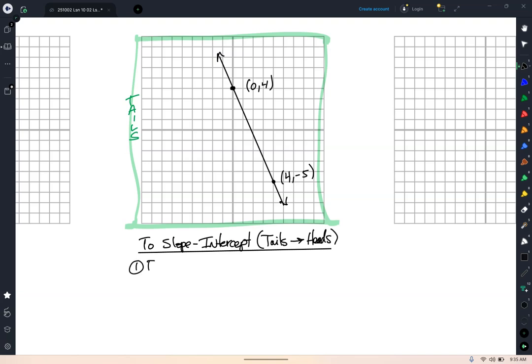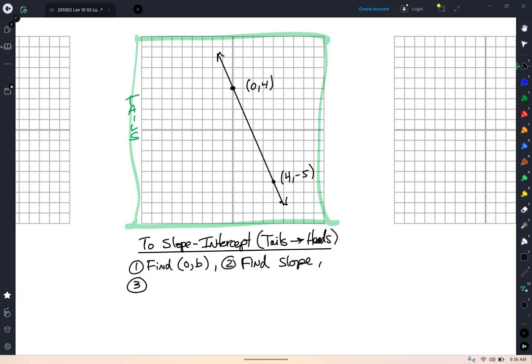So the first thing we're going to do is find our 0, b. So we want to know what that number is, our y-intercept. Then we're going to find our slope. We can do that a number of different ways. We can use our slope formula. We can just count, rise, and run. I'll let you decide how you want to do that.